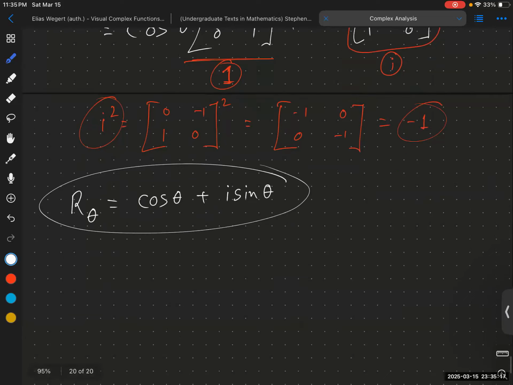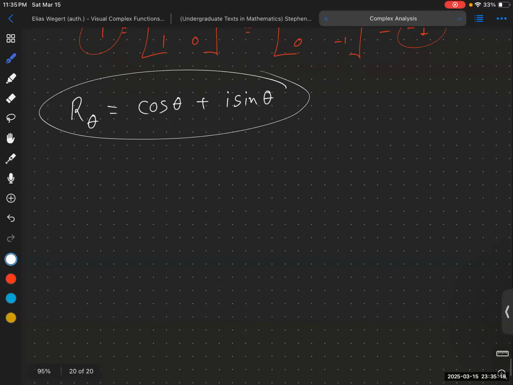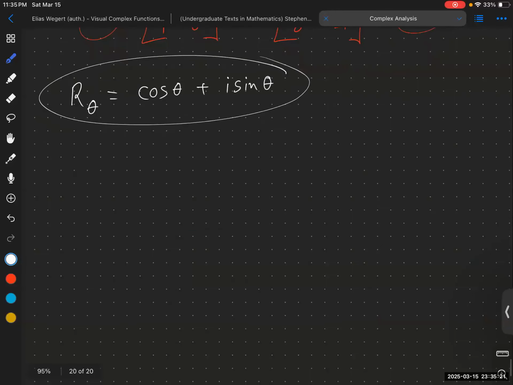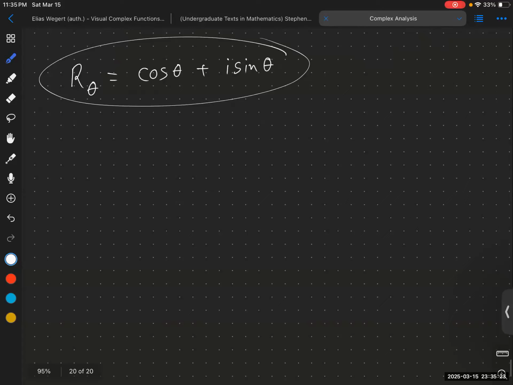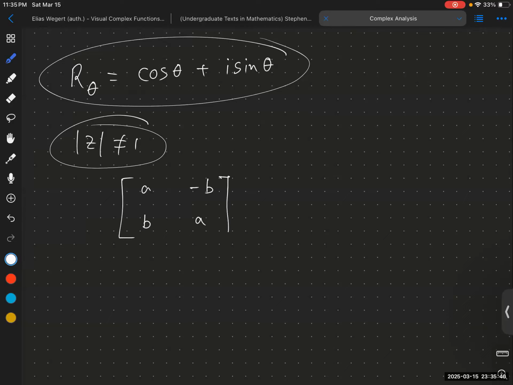Now, in a general sense, let's say z is not equal to 1, z can be anything. So in general, we can write it down as the matrix a, minus b, b, a, which is basically a plus I b.